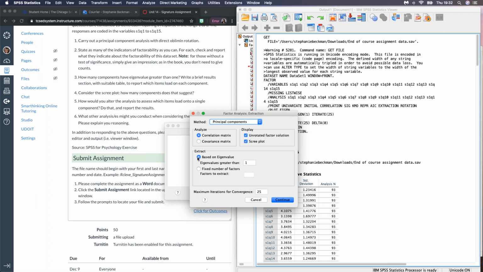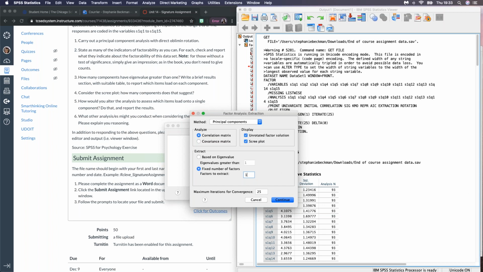But for now, what we're going to do is select fixed number of factors, and we're only going to restrict it to one factor, because we're forcing this to be a single factor. So now we're finding out, do all 15 of these load onto this one factor, or are there any that don't load onto it?